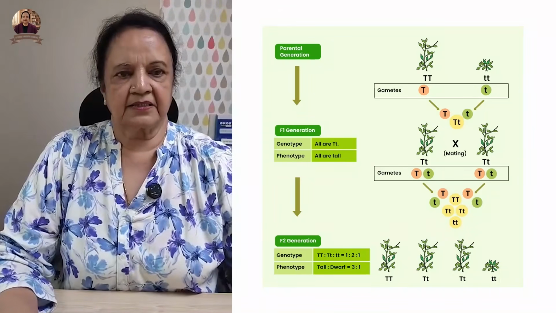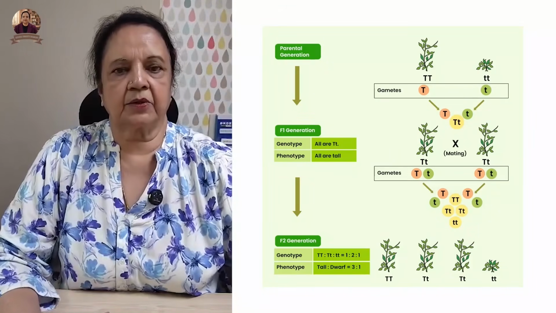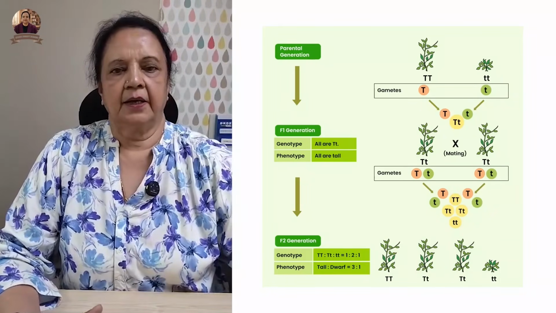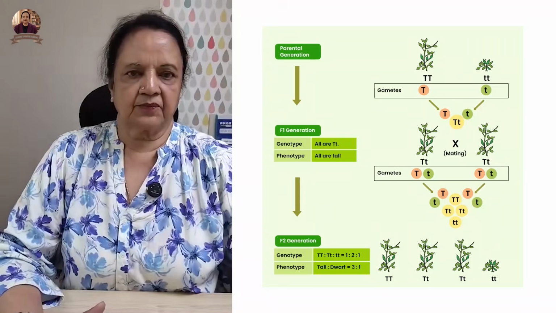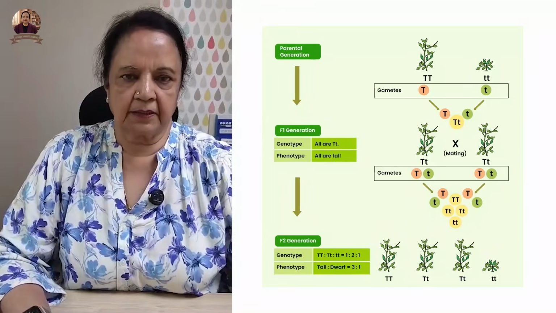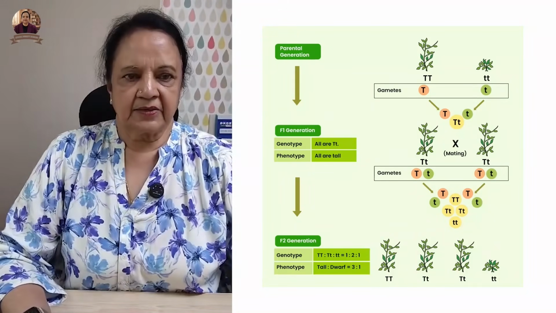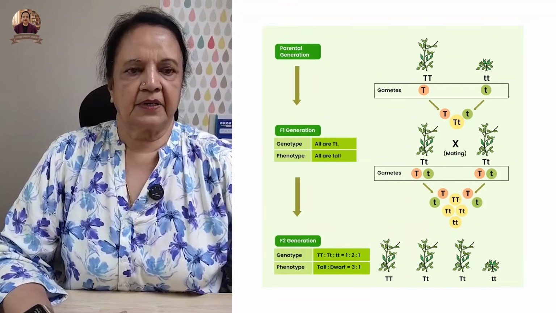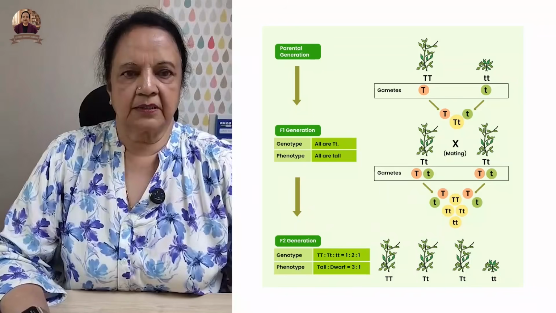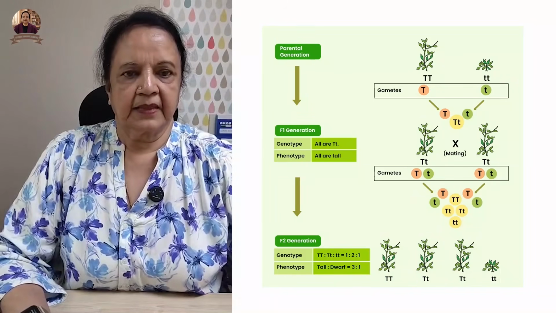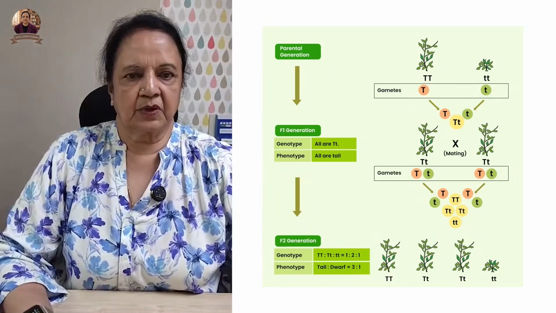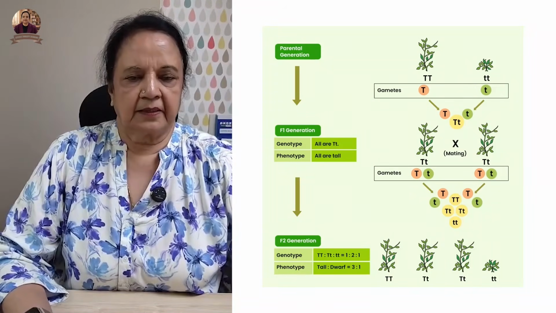Let us take Mendel's classic monohybrid cross, a pure tall (capital T) plant crossed with a pure dwarf (small t) plant. The parent generation: we are crossing capital T tall with small t dwarf. Gametes: capital T from one parent and small t from the other parent.